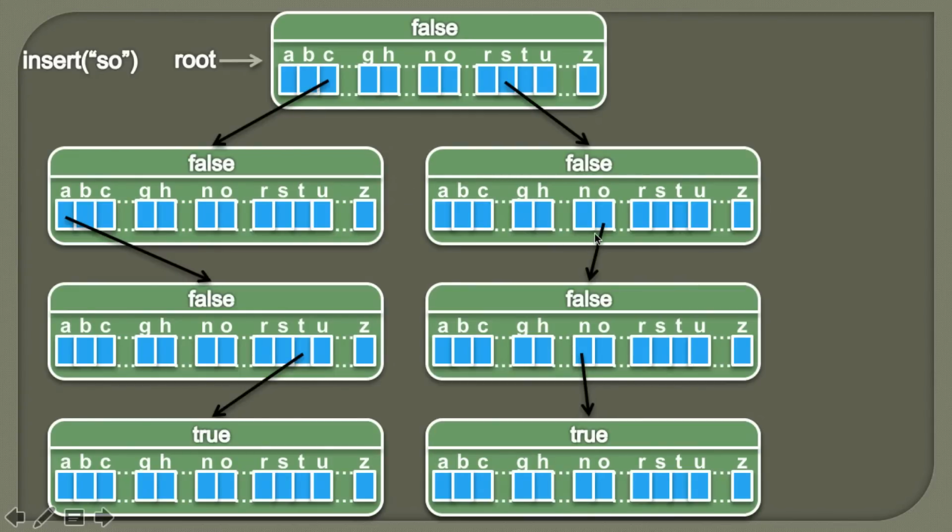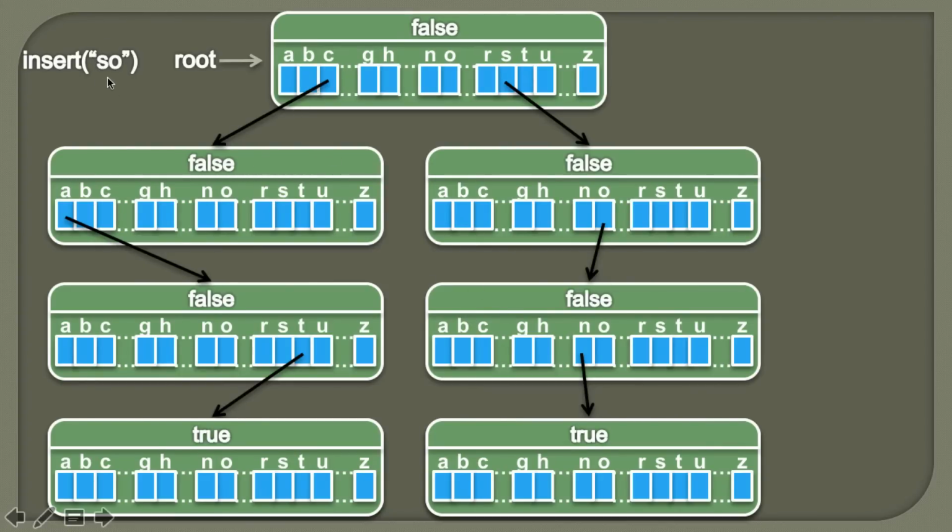So here we'll reach the index which maps to o, and we'll see whether it points to null or not. So here you can see that this index doesn't point to null, and it points to a trie node, which signifies that there is a character o in this trie. So what we'll do is simply traverse to this trie node now using this link. And once we reach this trie node, we see there are no more characters left to be inserted.